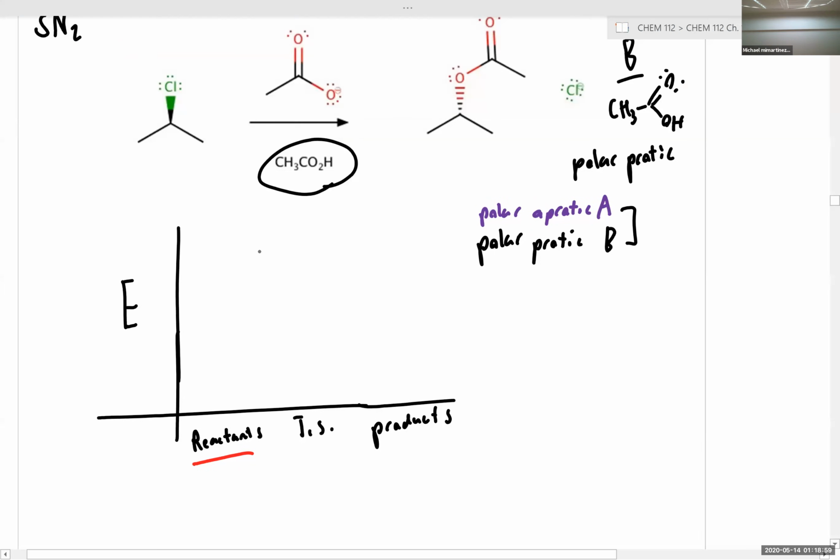For example, for our polar protic solvent, we draw it as relatively low energy. We go up to our transition state and down to our products.